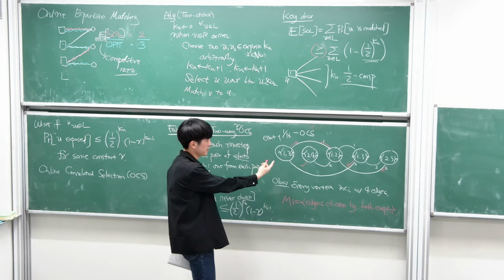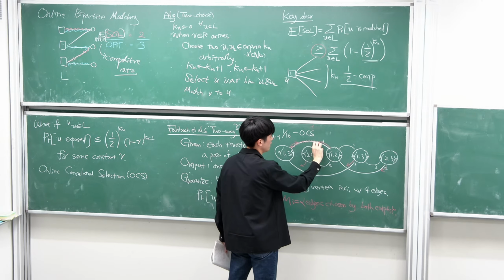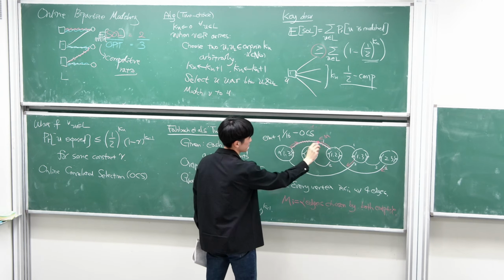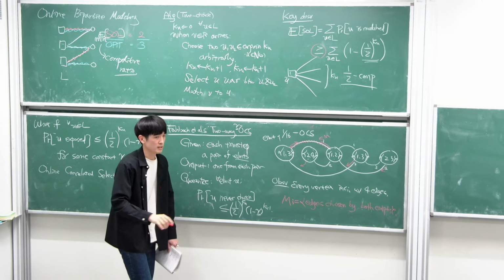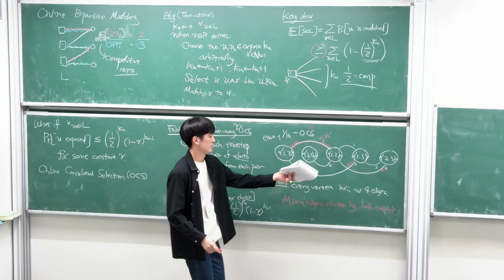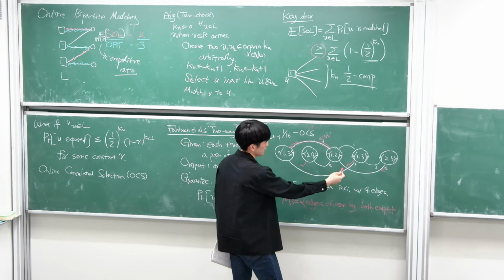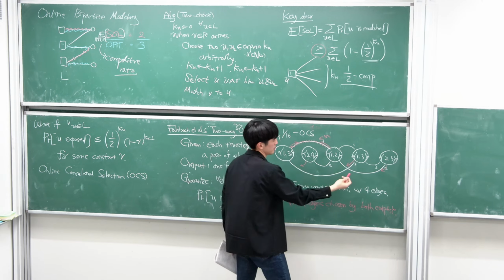In this example, only this edge can be in M, because this edge has been chosen by this vertex and this vertex, so we put it in M. But for any other edge, it does not satisfy this condition. For this edge, it has been chosen by this vertex, but not this one. For this edge, this one, but not this.